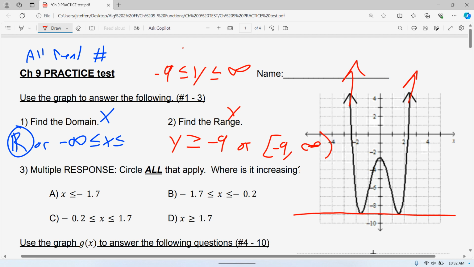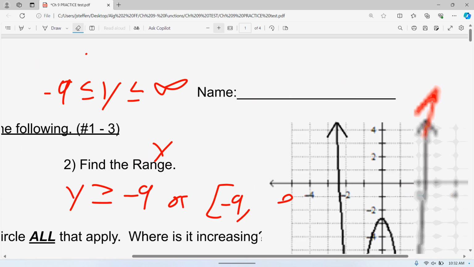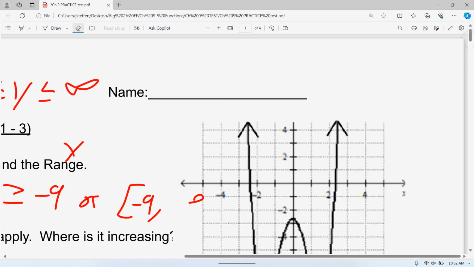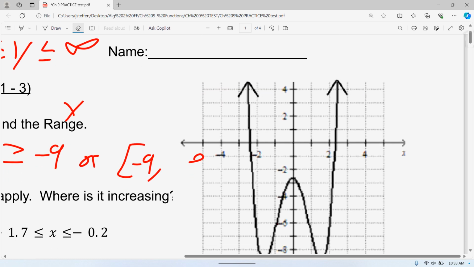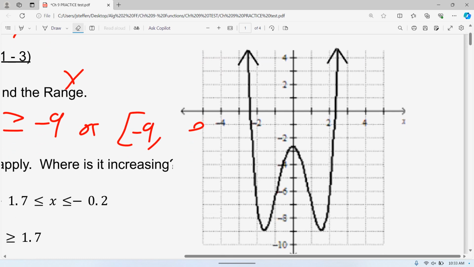Now the next one. When we're talking about increasing and decreasing, we're talking about going from left to right. So let me zoom in real close on this one. Maybe that'll help. From left to right, the same way we would read a book.